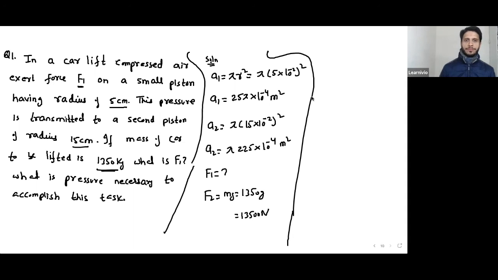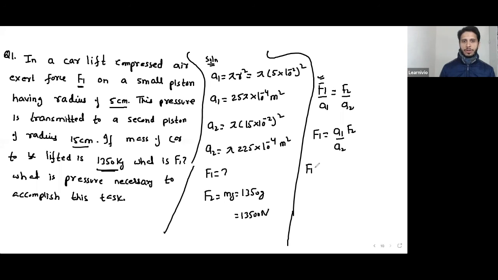Now you can use the direct relation that F1 by A1 is equal to F2 by A2. From this expression, you need F1. So you can write that F1 is A1 by A2 into F2.